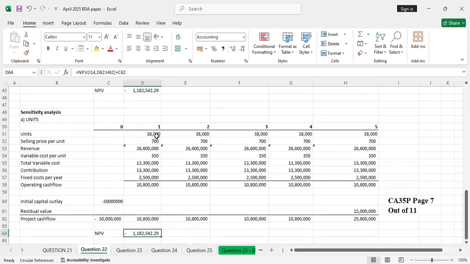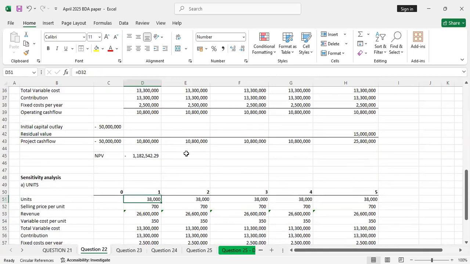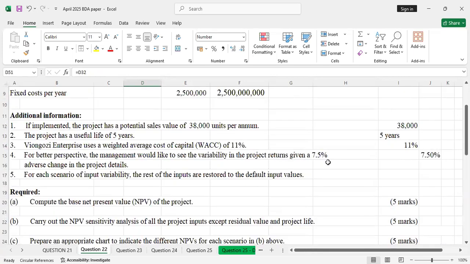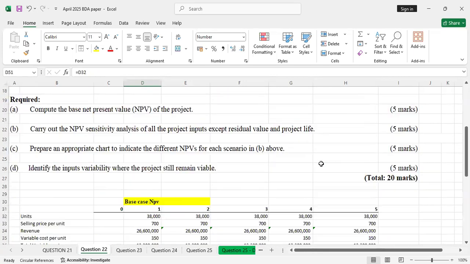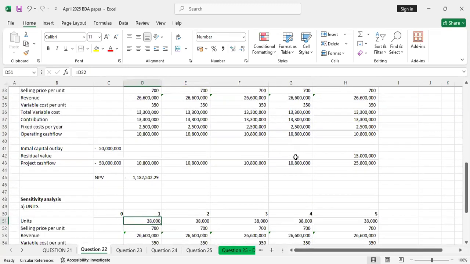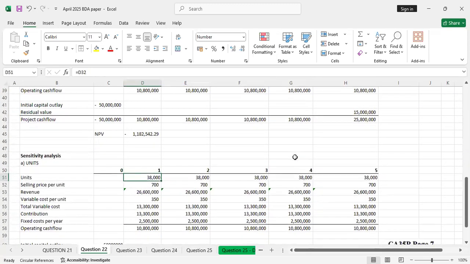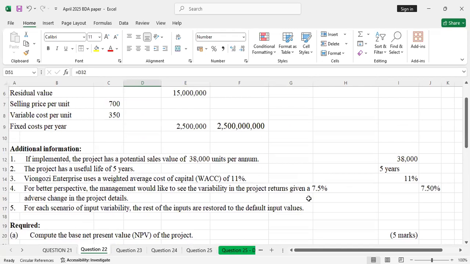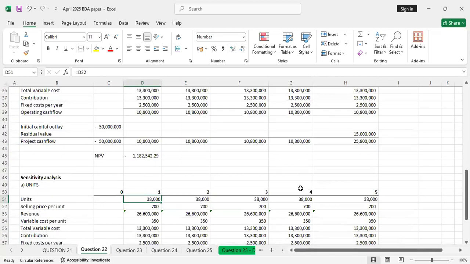So units were adversely affected at 7.5%. These are units of production. If they are adversely affected, it means that they will reduce by that adverse change, the 7.5%. So this is what you do.